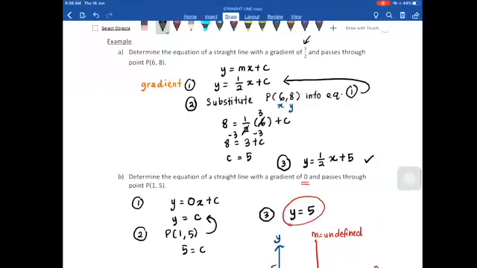So point tersebut mesti berada di atas straight line. Okay. So since it is like that, kita check.